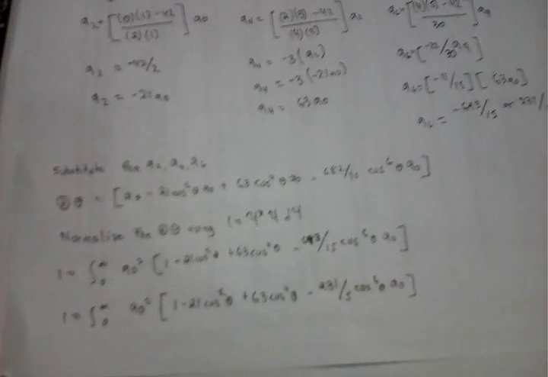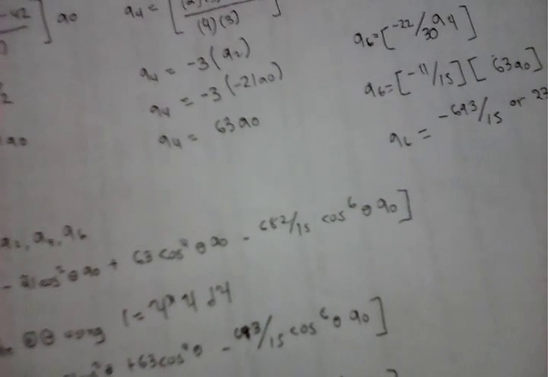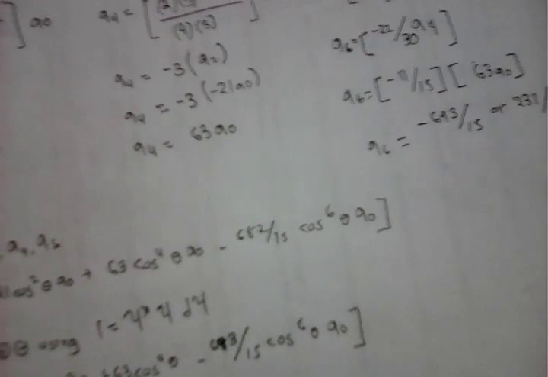Then after that, substitute the a2, a4, and a6. So it will be the equation. The harmonic function is equal to a naught, minus 21 cosine squared theta a naught, plus 63 cosine to the fourth theta a naught, minus 231 over 5 cosine raised to 6 theta a naught.